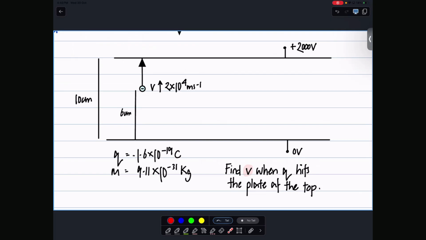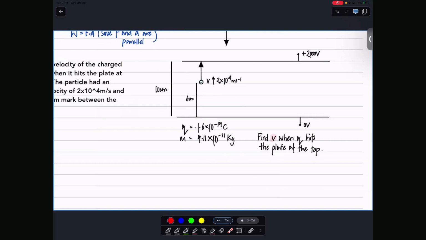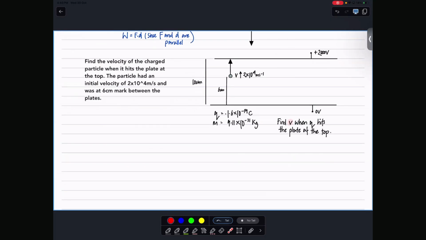What is the answer? It has increased, 7. How? What do you do? Oh, it's gaining energy.